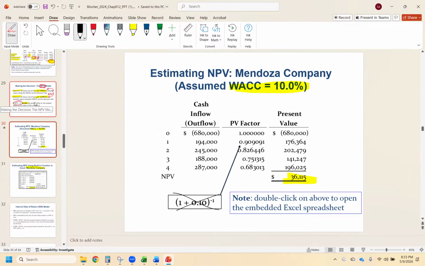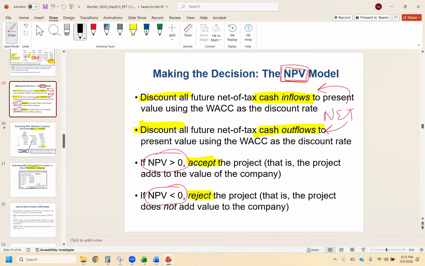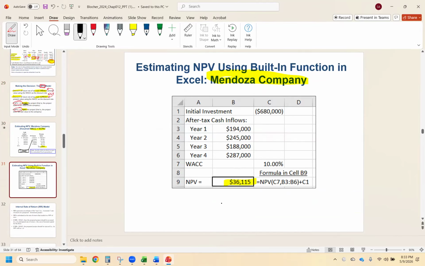But one thing I said was that if the net present value is greater than 0, you accept the project because it's at least meeting the hurdle rate. So in this project, we're at 36,000. Obviously, 36,000 is greater than 0, right?